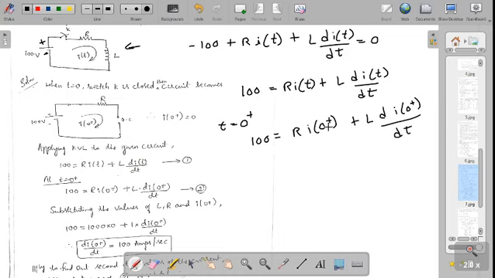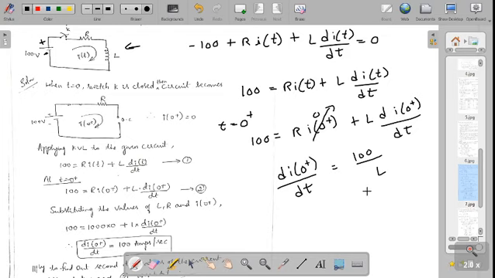What is your I of 0 plus? That is given as 0. So 0 into anything will give you 0. So the derivative of I of 0 plus divided by dt equals 100 divided by L.